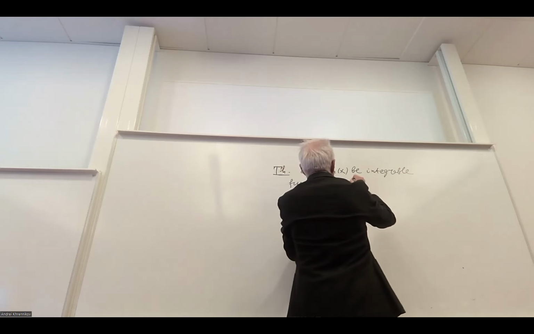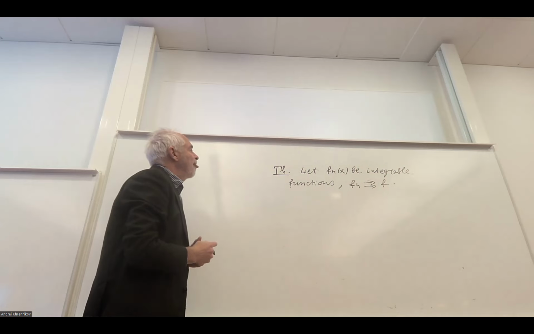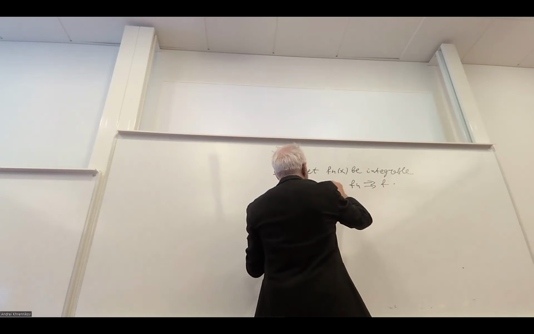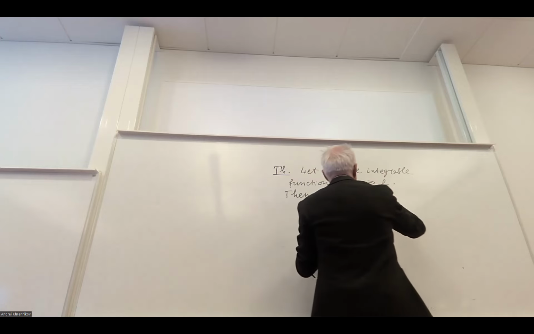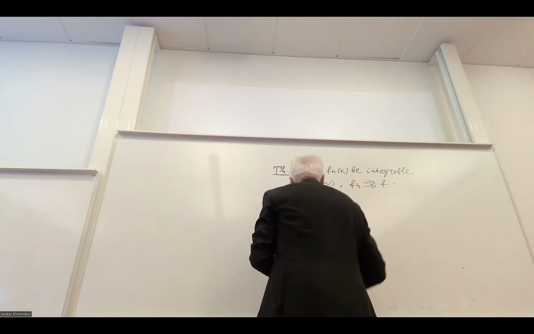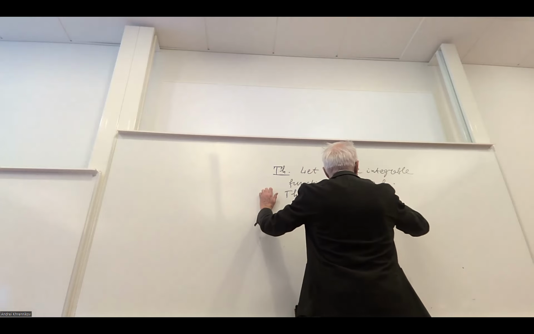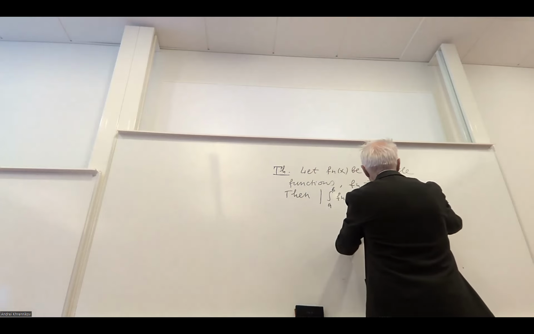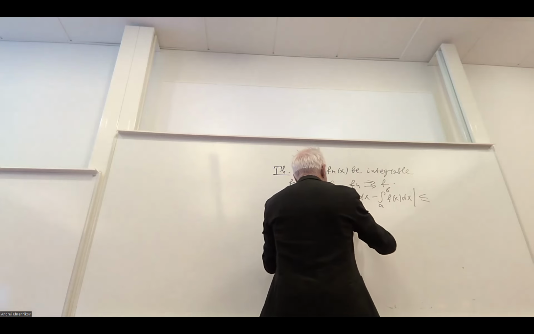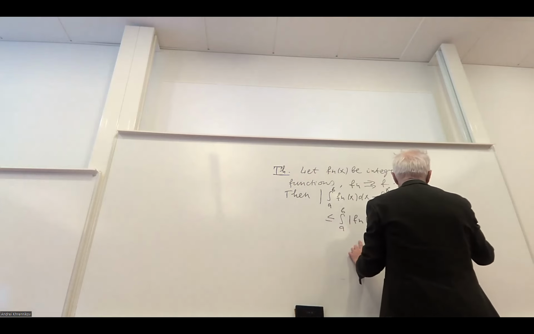What is more, f_n uniformly converge to f(x). Then the absolute value of the integral from a to b of f_n(x) dx minus the integral from a to b of f(x) dx is less or equal to the integral from a to b of |f_n(x) - f(x)| dx, and this goes to 0 as n goes to infinity.